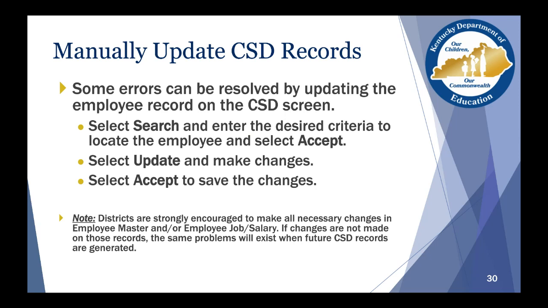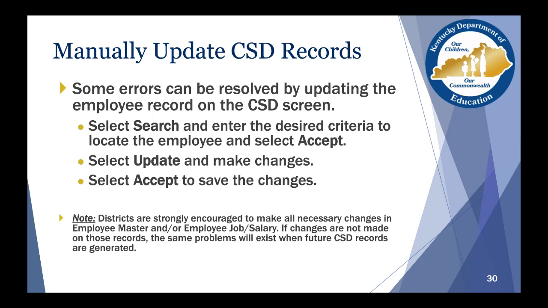But this note you're going to see at the bottom of many of the screens, it tells you you're highly encouraged to go back to employee master or employee job salary and make these changes there. If you don't make them in employee master, employee job salary at the time that you come across these changes, it's not going to be there for next year. You're going to be repeating the process over again.